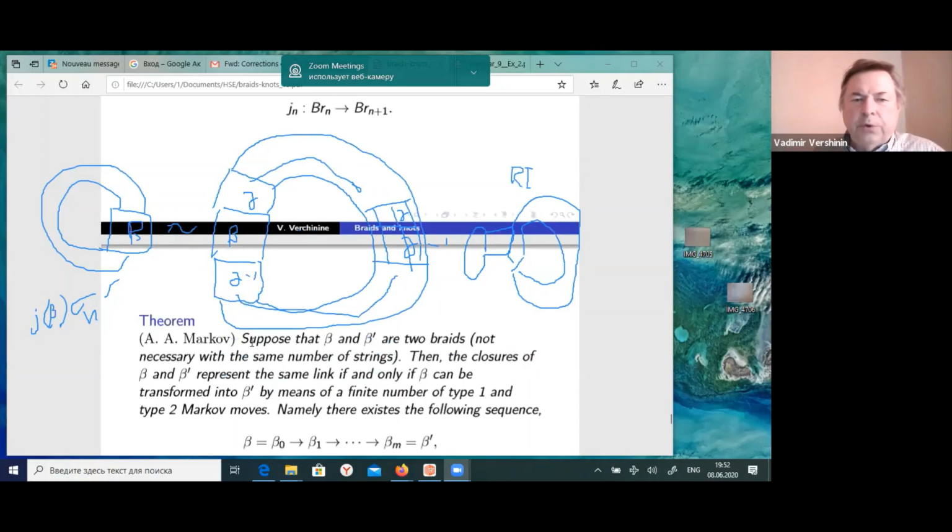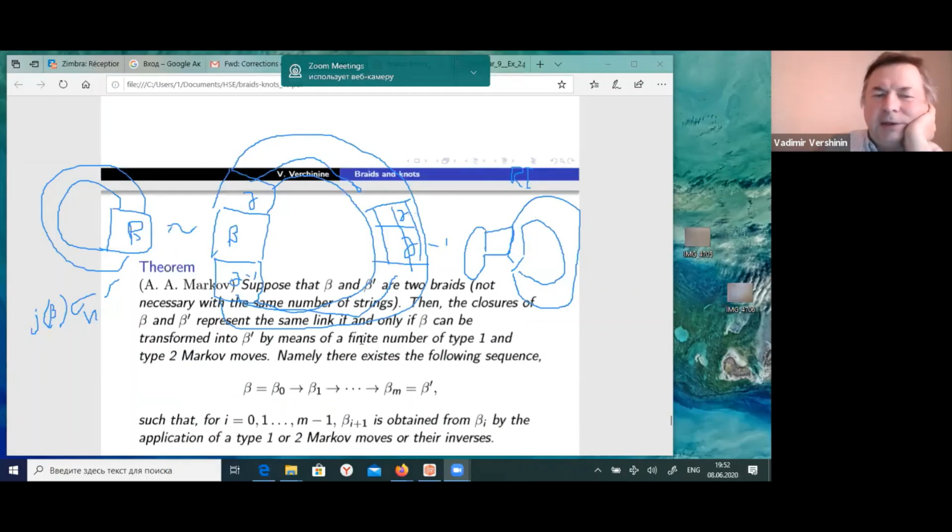Now suppose that you have two braids, beta and beta prime, not necessarily with the same number of strands. Then suppose that beta and beta prime represent the same link.